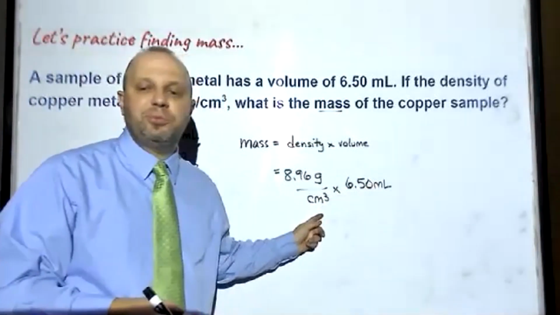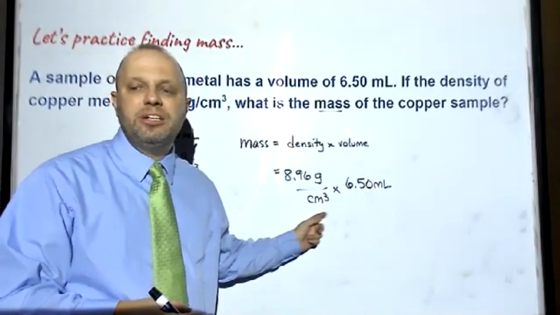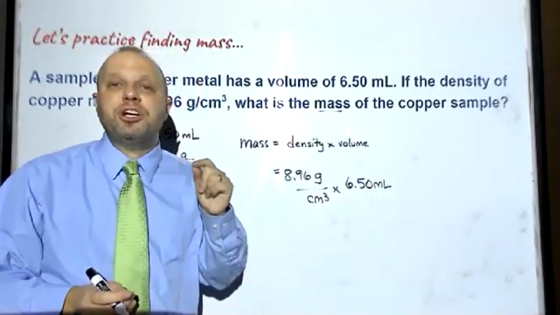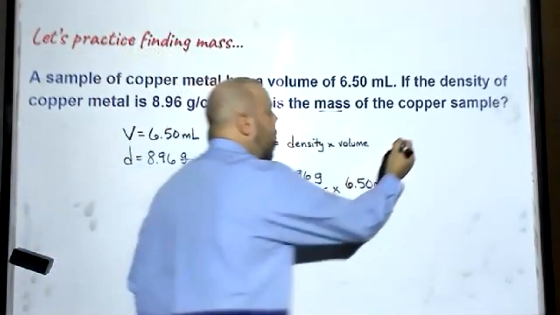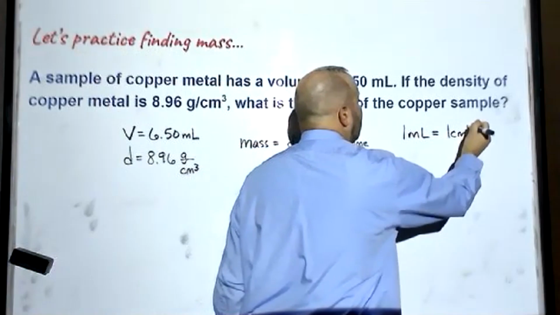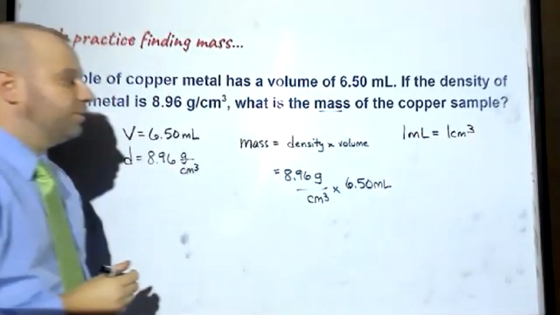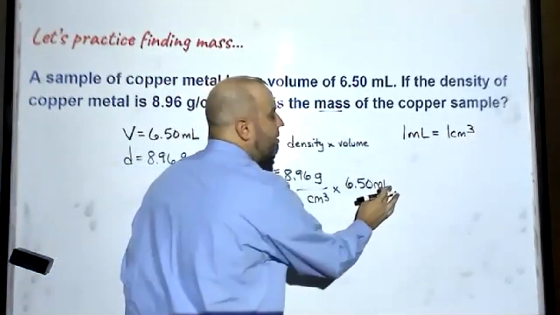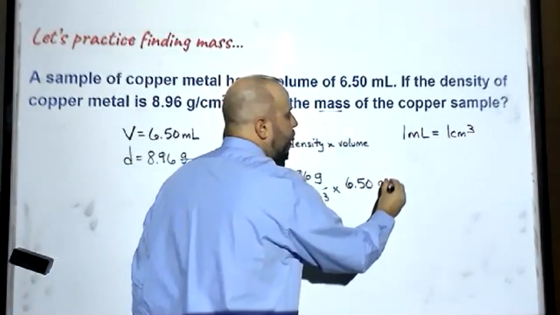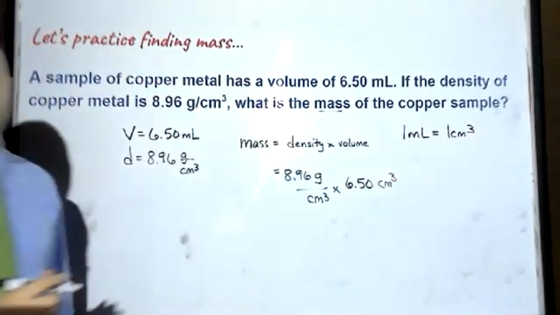We have two different units. We have centimeters cubed for density here, and we have milliliters. Remember what we learned on the metric conversion homework. 1 milliliter is equal to 1 centimeter cubed. So I can change my unit of milliliters directly to centimeters cubed.